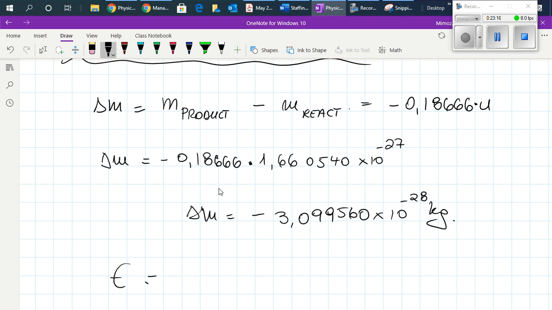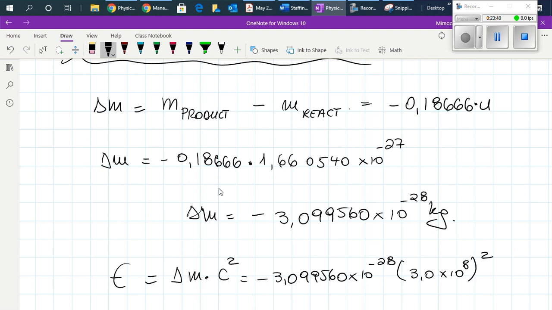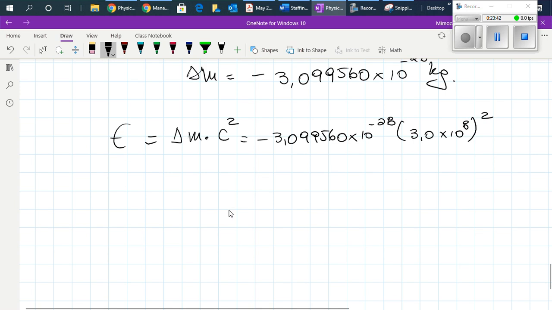And the energy that is produced based on the mass energy principle is delta M times C squared, or negative 3.09960 times 10 to the negative 28 times 3.0 times 10 to the power of 8, the whole thing to the power of 2.